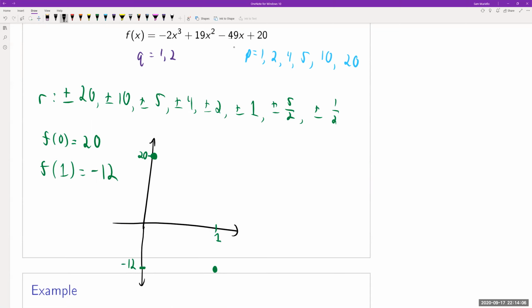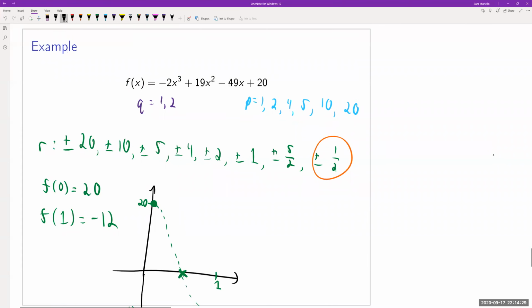Since this is a polynomial, a continuous function, somewhere in between it has to cross at least once. Looking at my choices, there's only one between 0 and 1, which is 1/2. So let's divide 1/2 out.